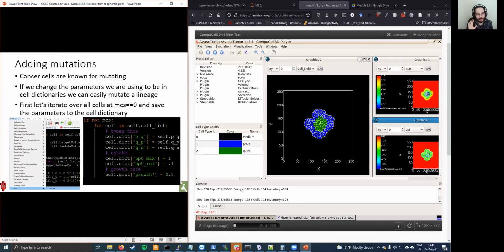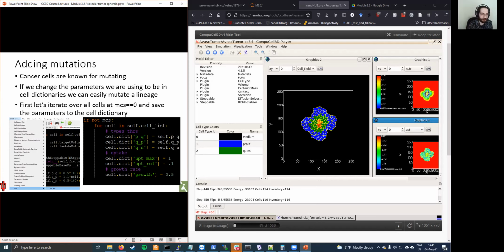I'm letting every cell mutate their thresholds, so they could be more resilient to lack of nutrients. I'm mutating how much they eat, so a cell that eats more has a competitive advantage. I'm changing how much they grow. A cell that grows faster also is more competitive.